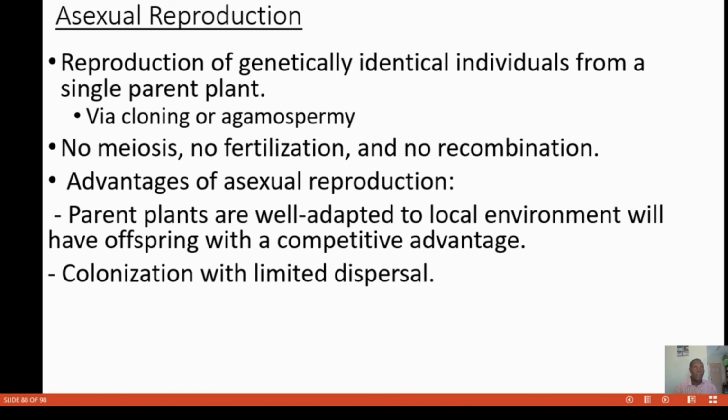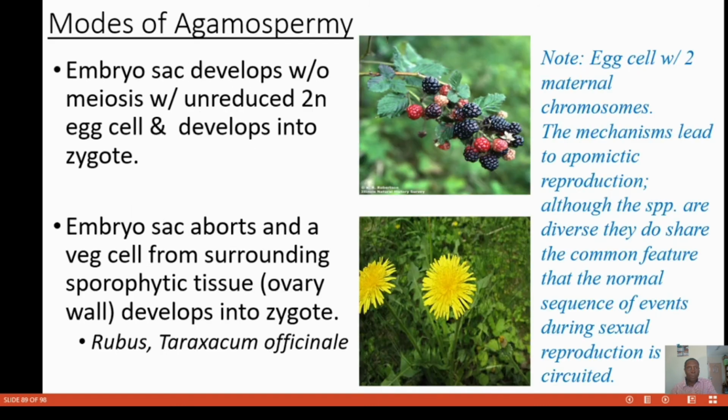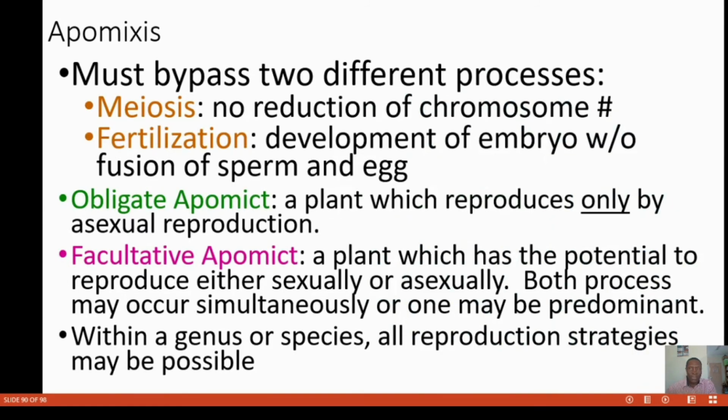And indeed, most of the asexually reproduced plants tend to be very weedy, and they can be very vicious in competing against the crop plants. And these processes of agamospermy are as indicated here. And look at those notes carefully.